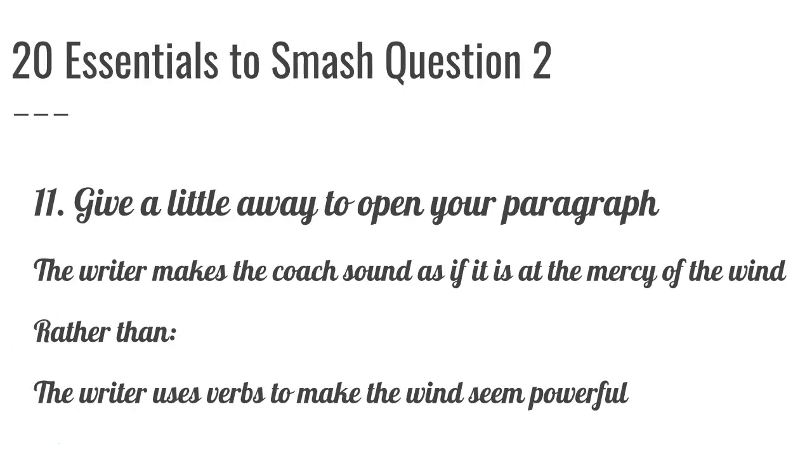Number 11 is use those comment springboards to give a bit away to open your paragraph. So this is to avoid writing things like the writer uses verbs to make the wind sound powerful. That's not a very helpful way to start your writing. It's much more useful to start with some of those little comment springboards and say things like the writer makes the coach sound as if it's, I put here, at the mercy of the wind, and you're just giving a little bit away of the comment that you're eventually going to write.